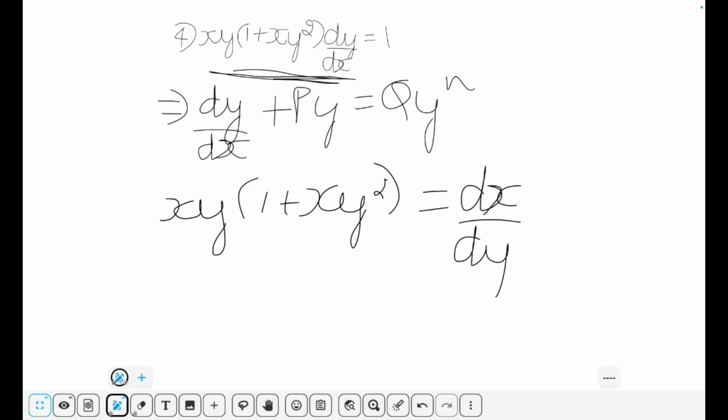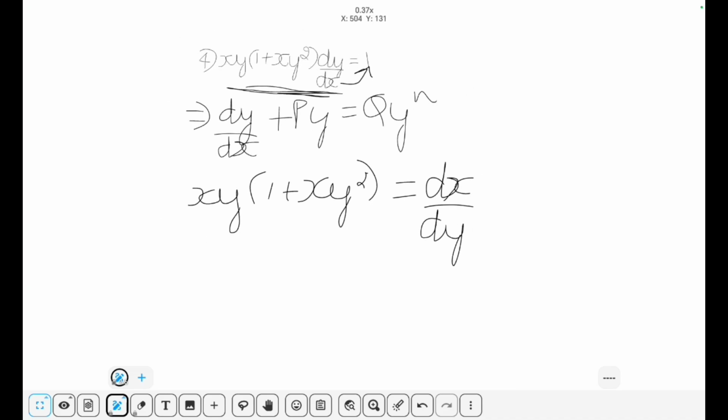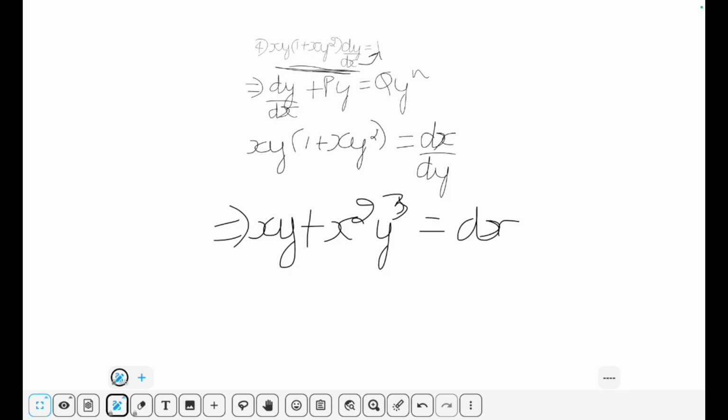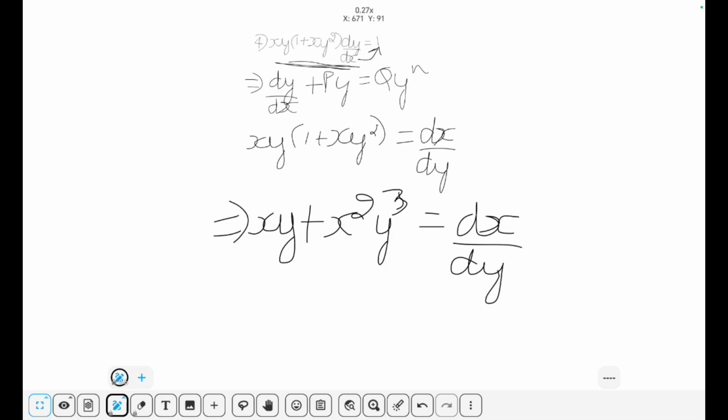So we are just moving the dy/dx part to the right hand side. Now simplifying, xy + x²y³ = dx/dy, right?